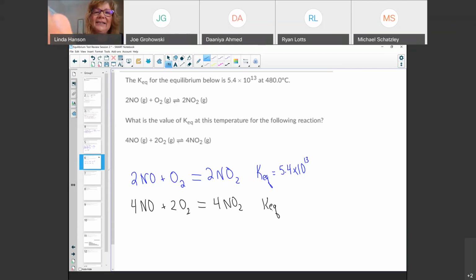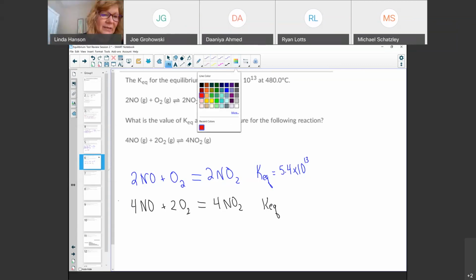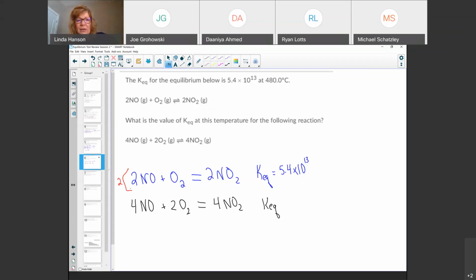So for instance, I can see that I distributed a 2 through that initial reaction, right? Because 2 doubled is 4, 1 doubled is 2, 2 doubled is 4. So that second reaction is twice as big.